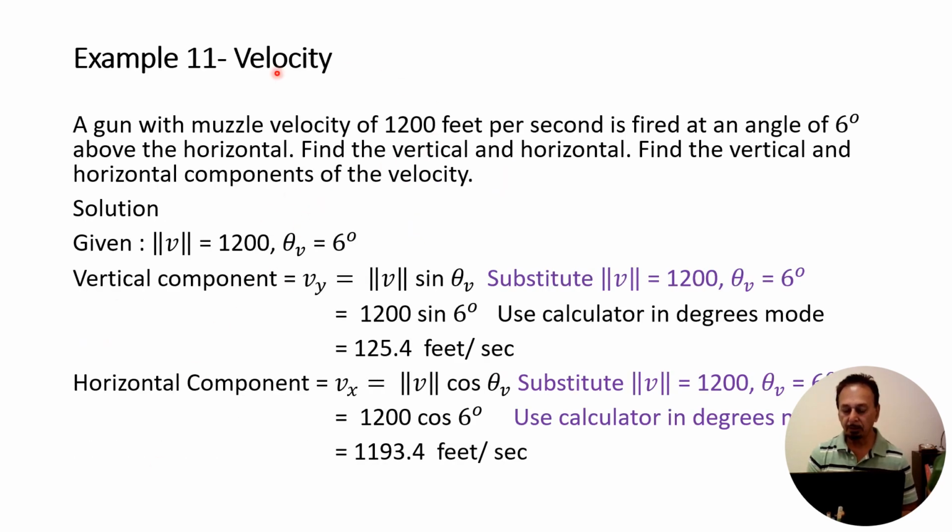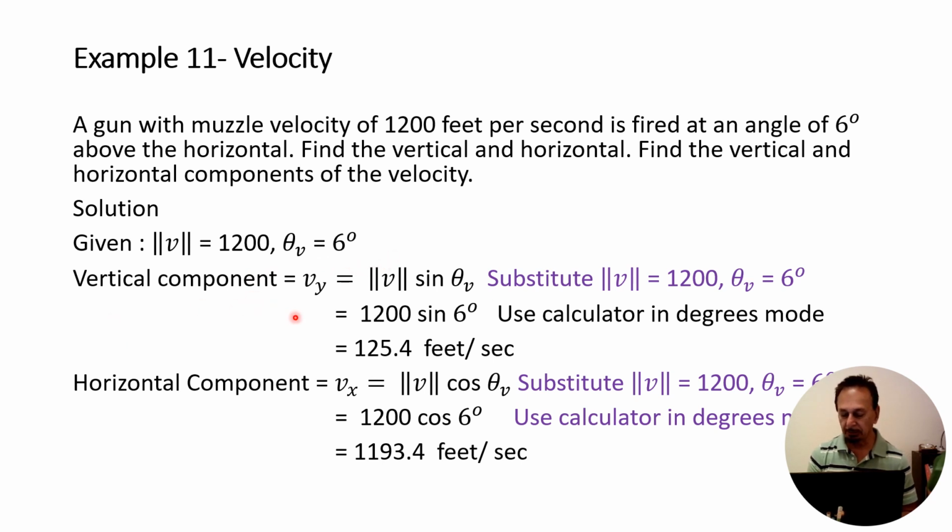Here is example 11. A gun with muzzle velocity of 1200 feet per second is fired at an angle of 60 degrees above the horizontal. Find the vertical and horizontal components of velocity. So the given is the magnitude of v is 1200 and the direction angle is 60 degrees.